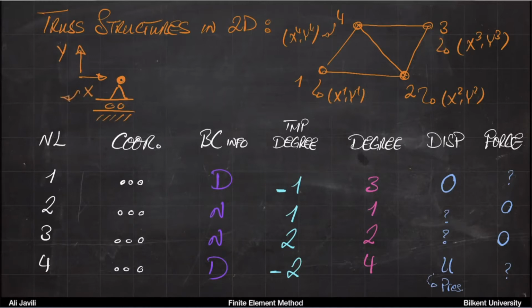So it's free in x direction. That means you can actually apply a force in x direction if you want to. So that's a Neumann type. In y direction, it's fixed. You are actually prescribing the displacement, and you are saying that displacement is 0. So that's a Dirichlet type boundary condition.